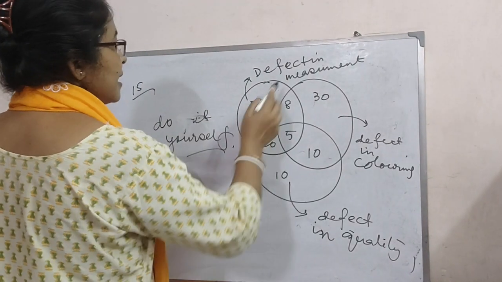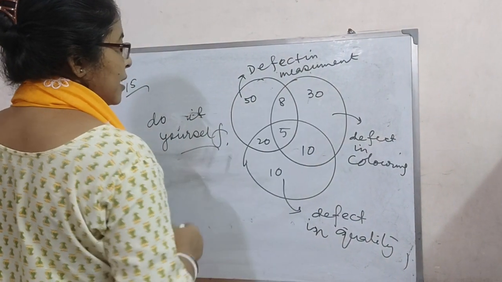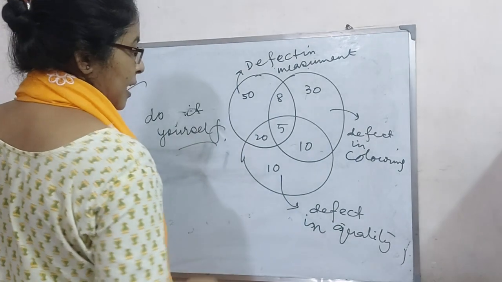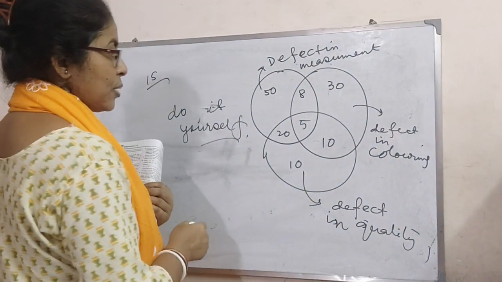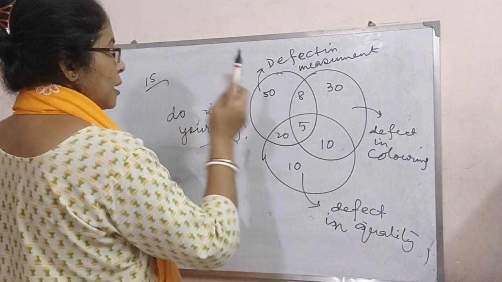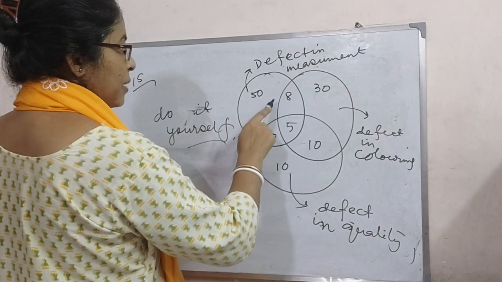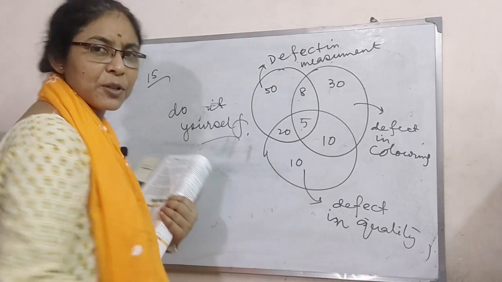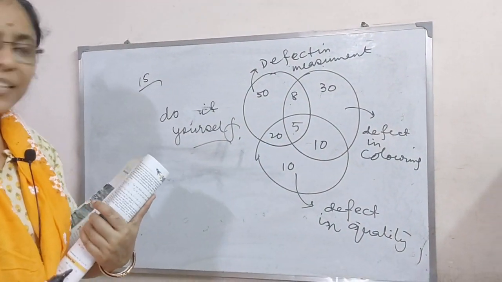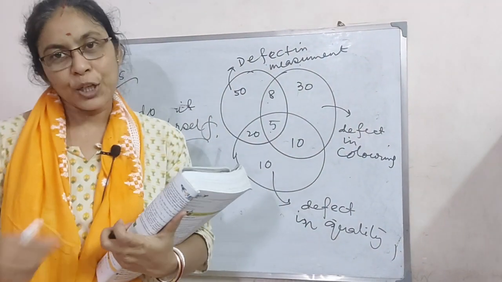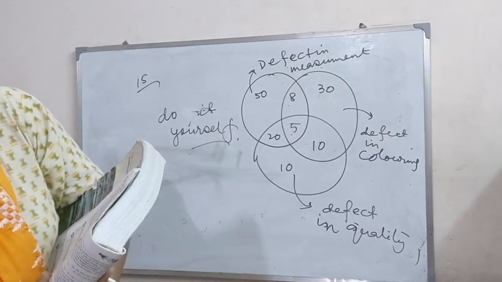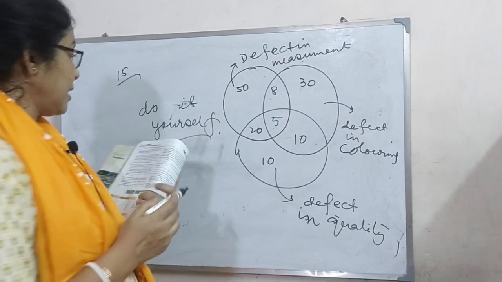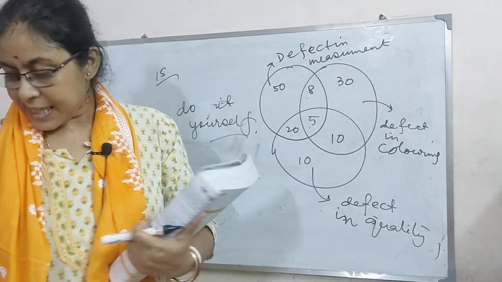First you will find only defective measurement, then only defective coloring, then only defective quality, and defective measurement plus defective coloring, that means 8 minus 5 equal to 3, and so on. In this way you will get the answer. Do it yourself. Okay, I will go to the next sum.